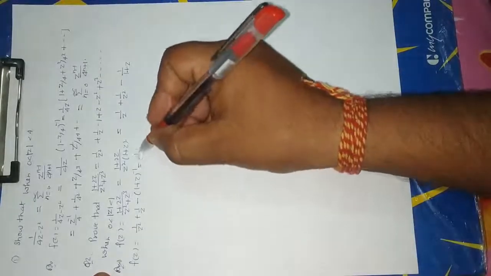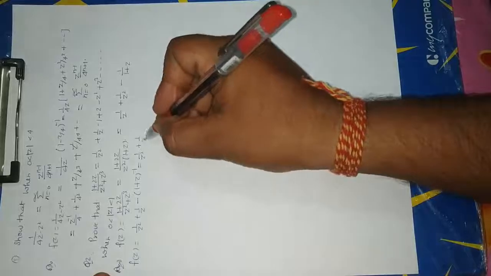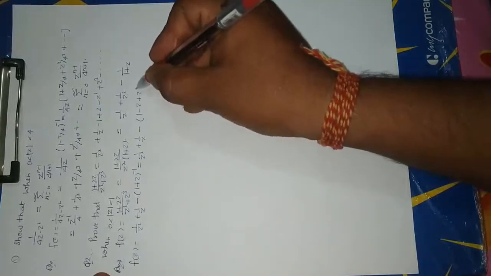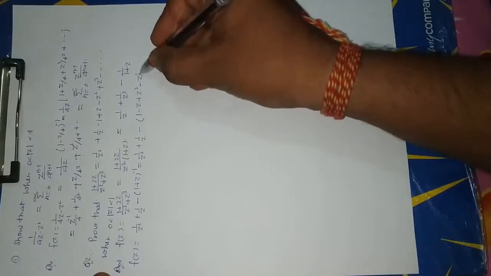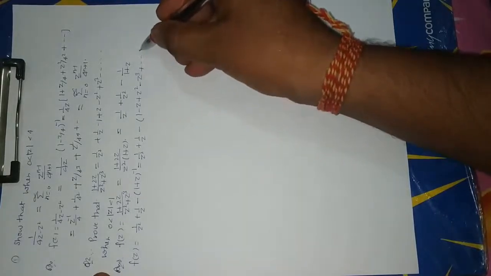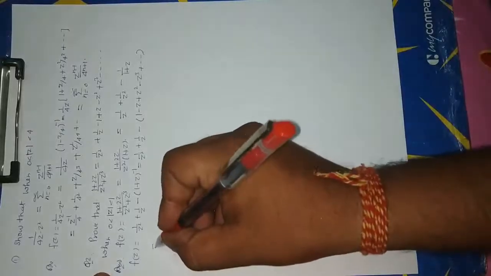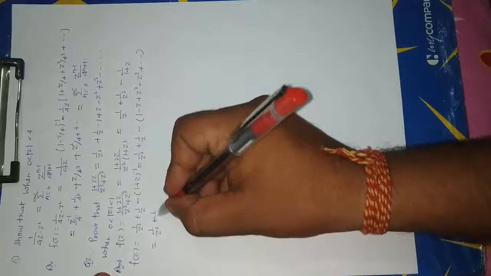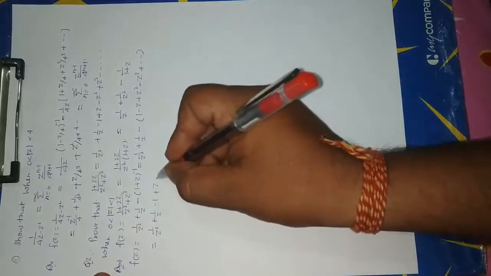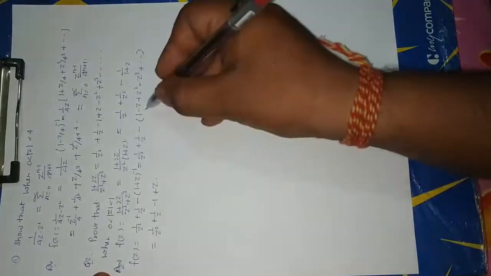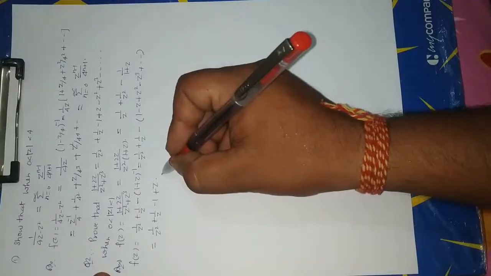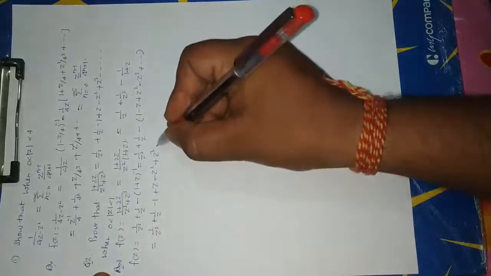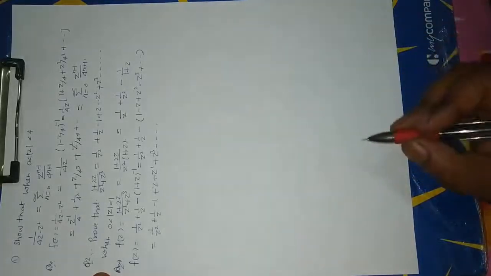This is equal to 1 upon z square plus 1 upon z minus 1 minus z plus z square minus z cube plus up to dot. This is equal to 1 upon z square plus 1 upon z minus 1 plus z minus z square plus z cube minus up to dot.